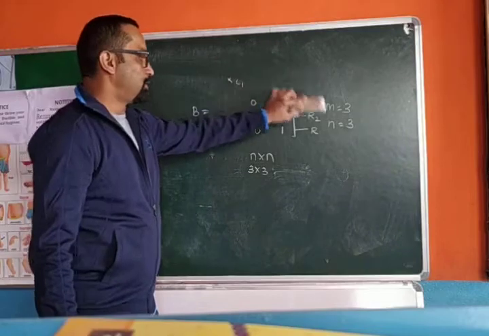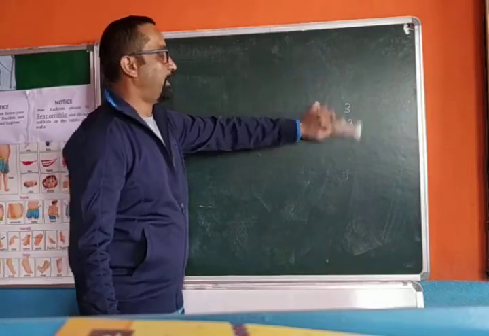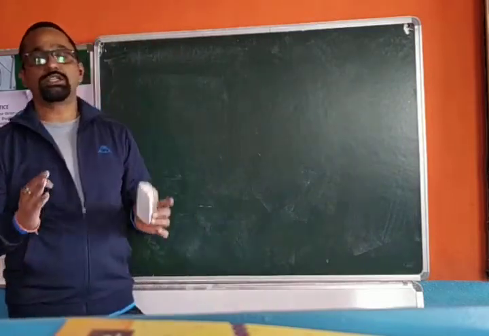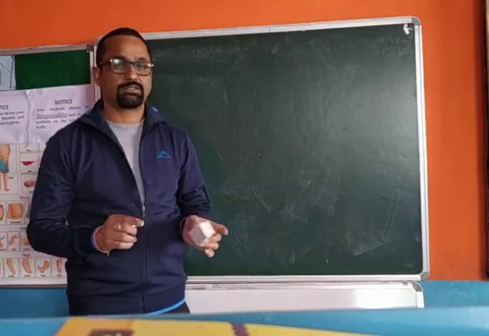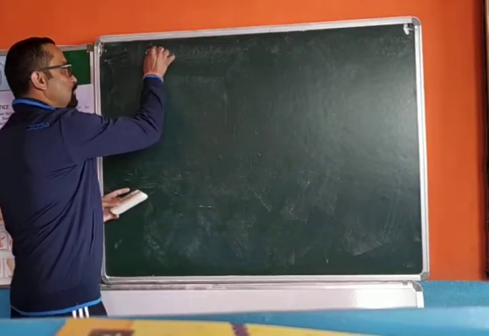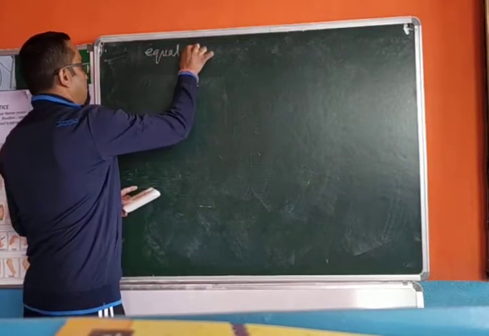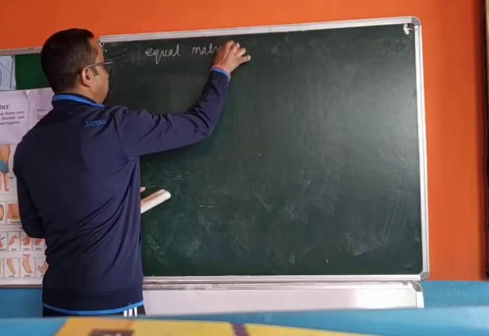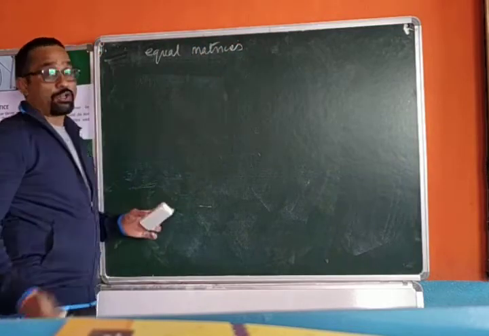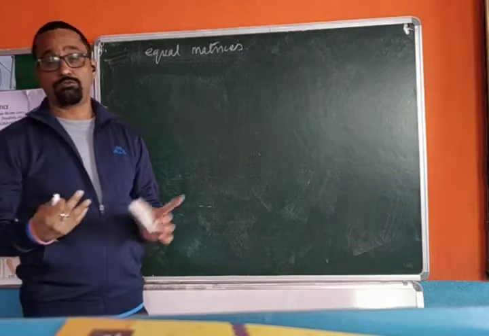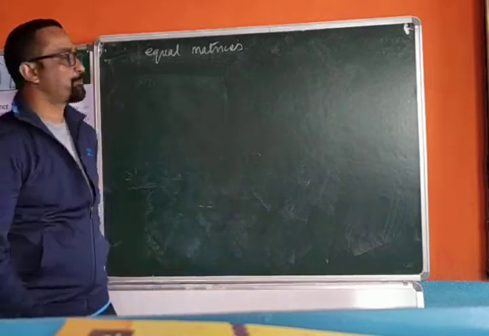Next important term is called equality of matrices, that is, equal matrices. There are two conditions to be followed for equal matrices.